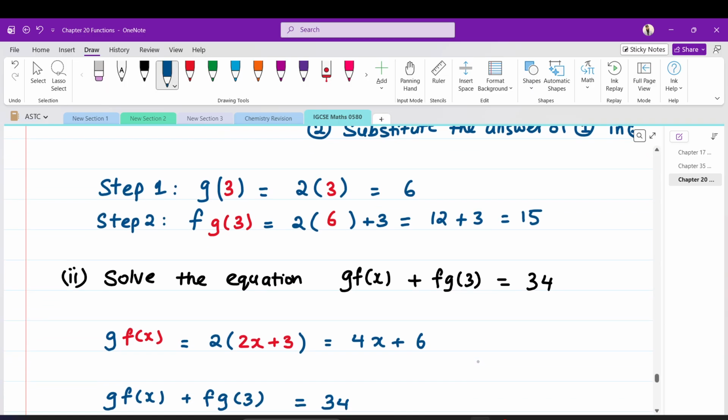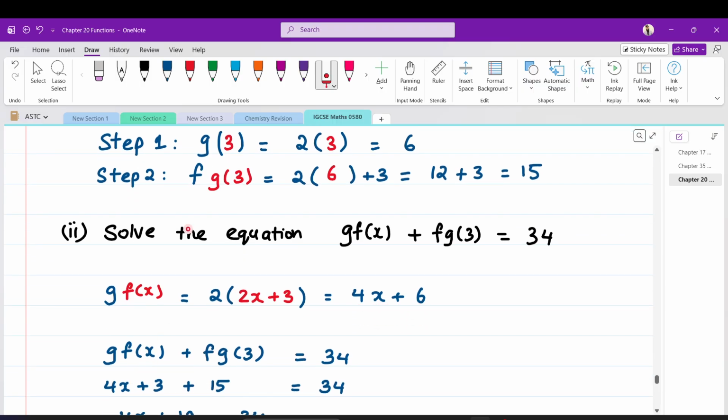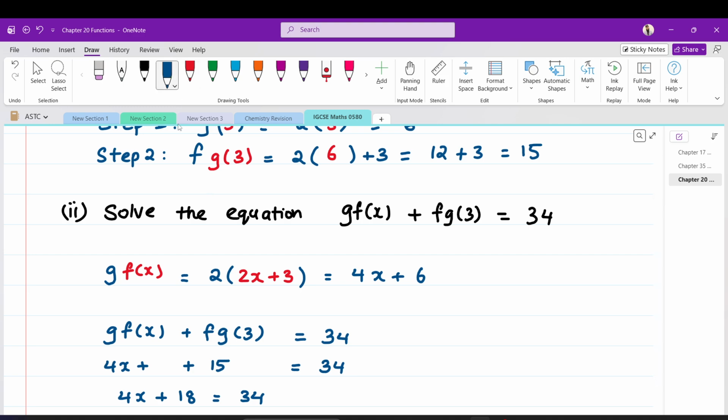All right, now the next one is, now you have to rewrite what we have found out. So instead of g of f of x, I'm going to write down 4x plus 6. All right, so I think now everything needs to be changed. So this becomes 6, and 6 plus 15, this becomes 21.